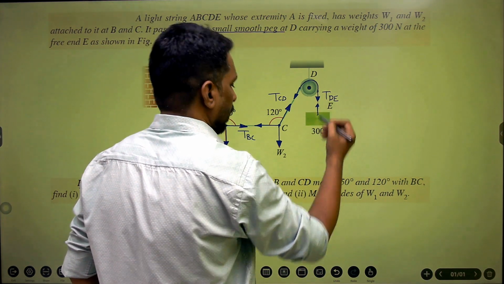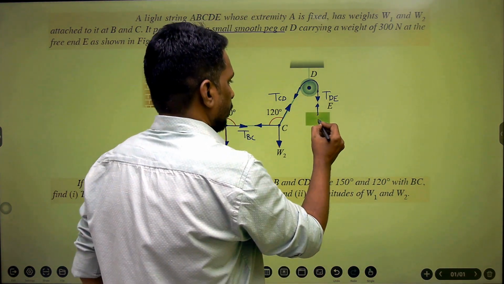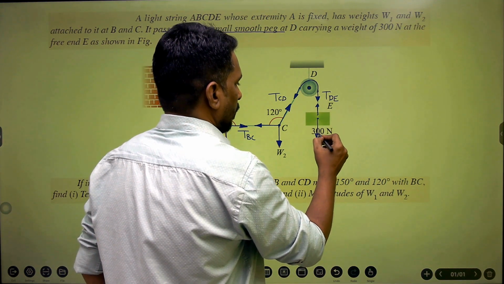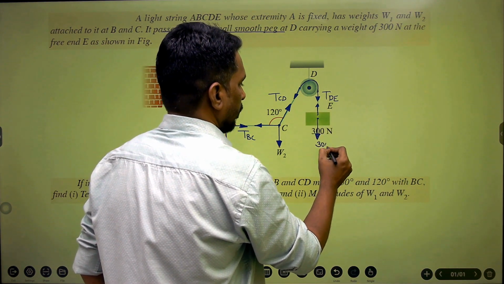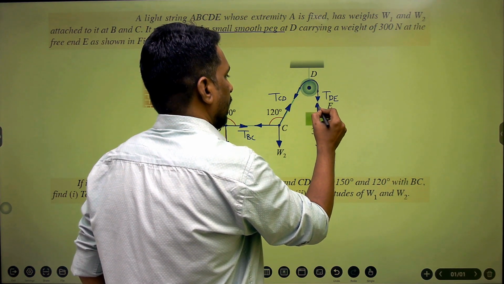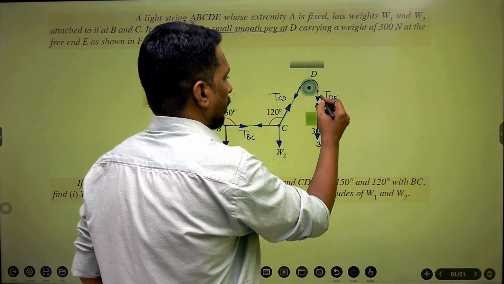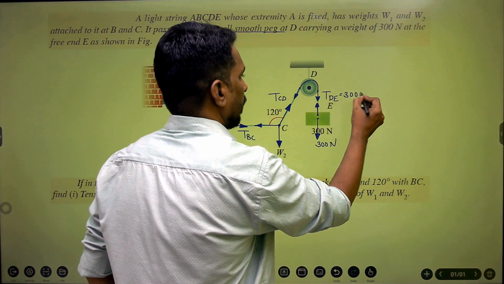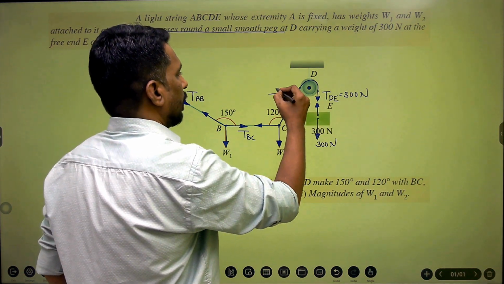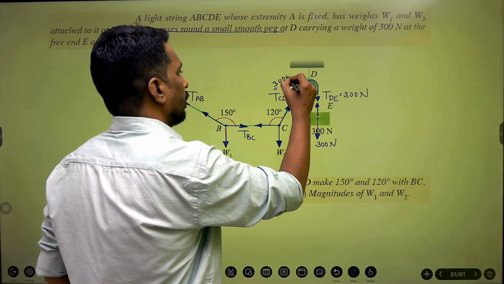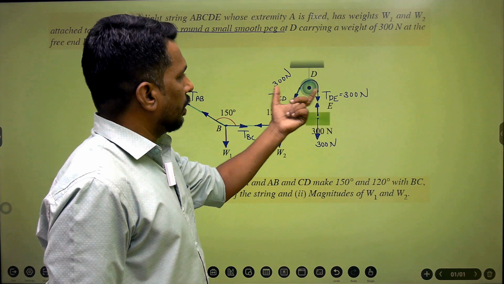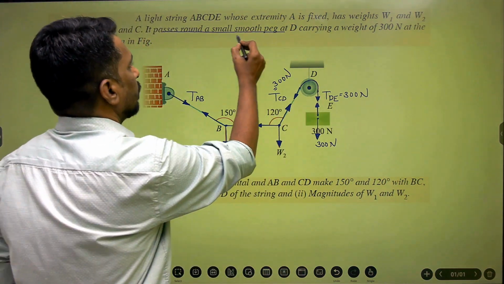If I consider this point, then the weight will act downward, which is 300 Newton, but at the same time it is connected to the cable, so one tensile force will act exactly in the opposite direction. So TDE is equal to 300 Newton, and because of this TCD also becomes 300 Newton, because the tension on both sides of the cable is equal, because it is a smooth peg, frictionless.